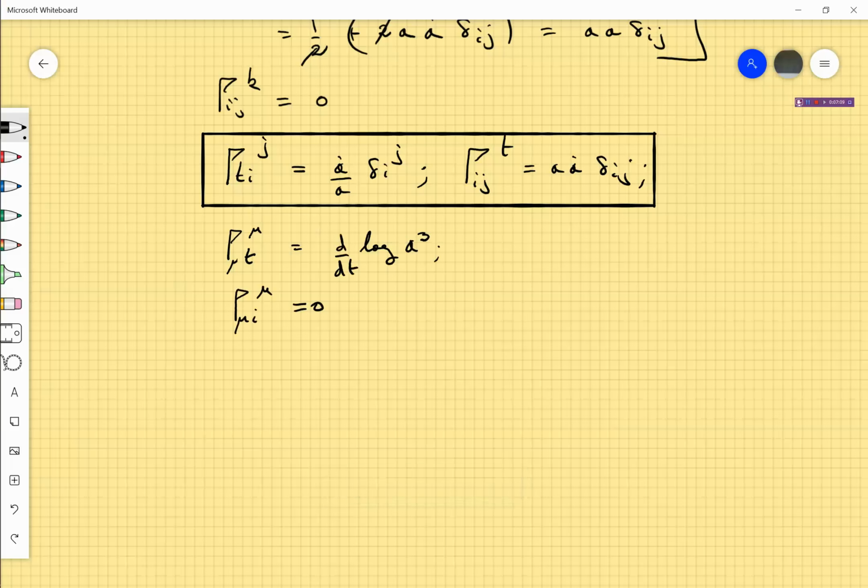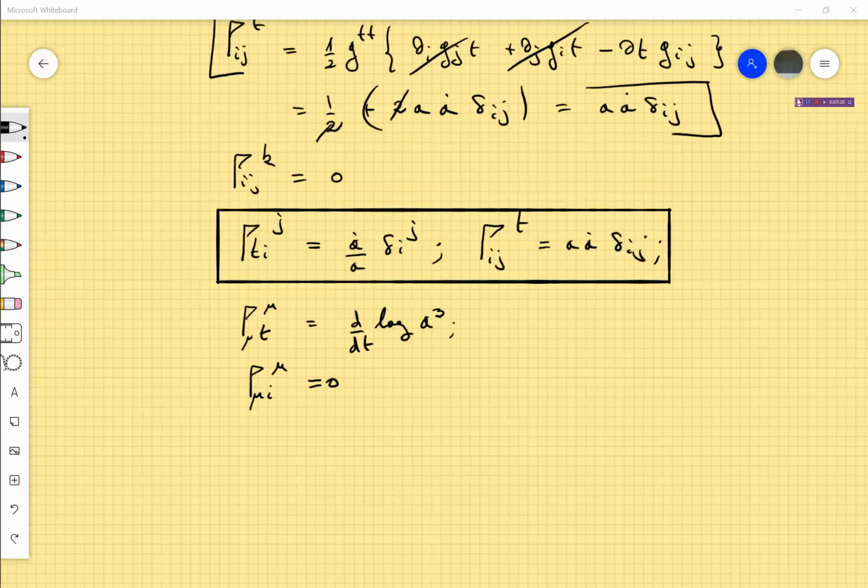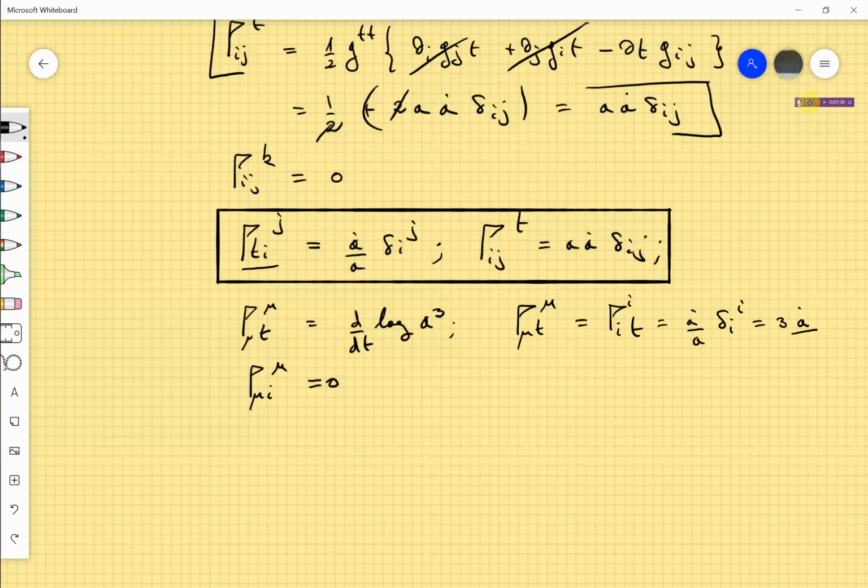Okay, so is this correct? Well, the only components that you have with this t are these ones, so it will be iit, and this is a dot a delta ii, which is 3 times a dot divided by a, and you can check that it is exactly the same as this.